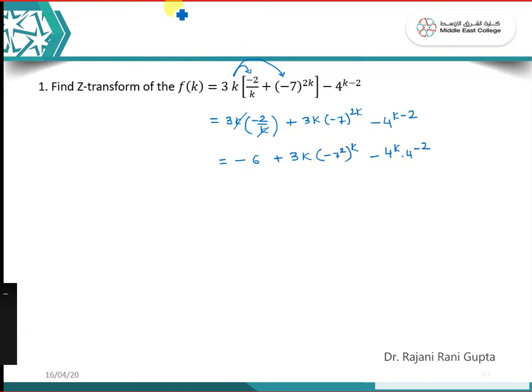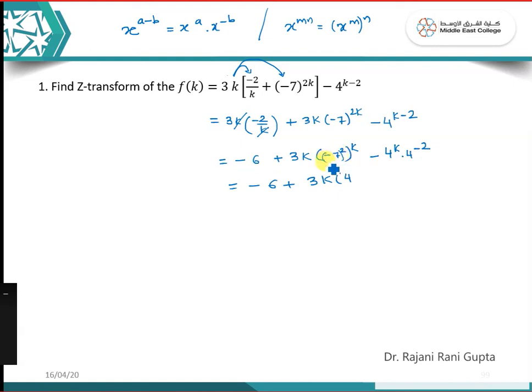So we use the rules like if you have a minus b, you can write x to the power a, x to the power minus b. And the second rule that we used, x to the power m n, you can write x to the power m times n. So this gives you minus 6 plus 3k times (minus 7) power 2.